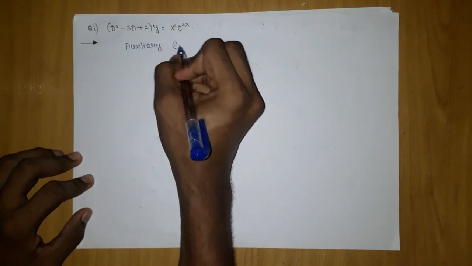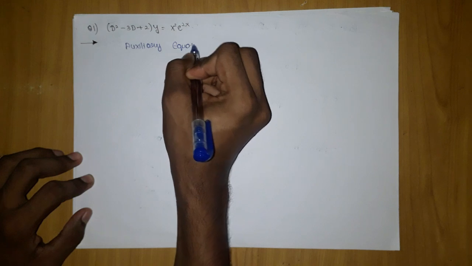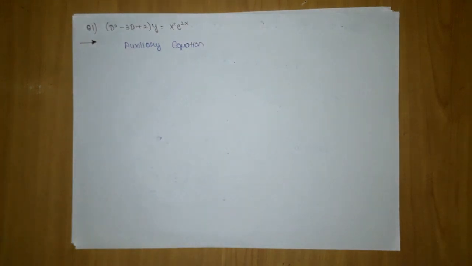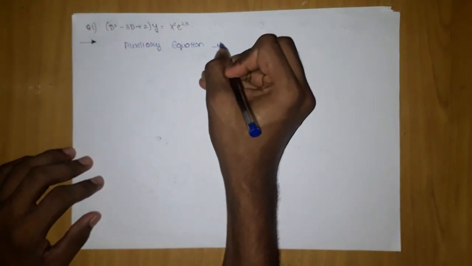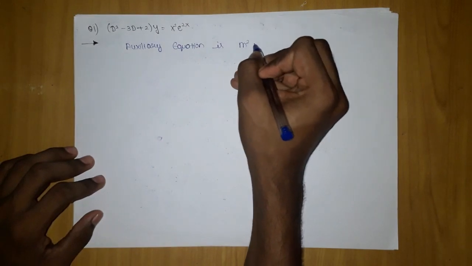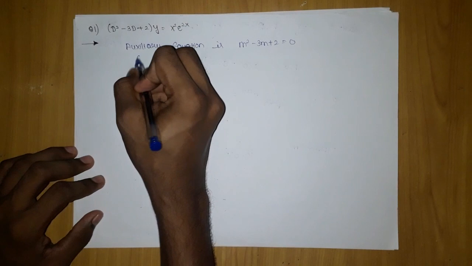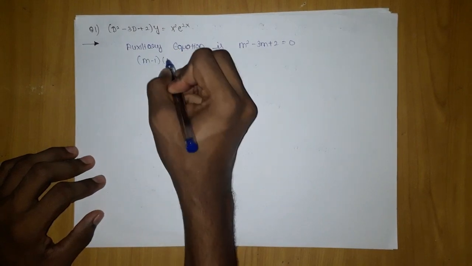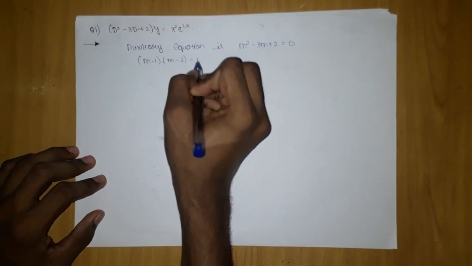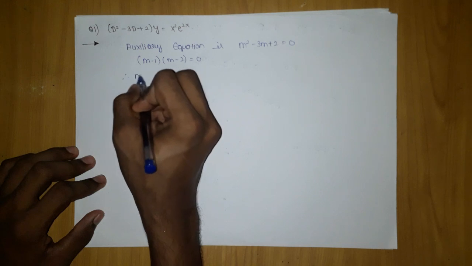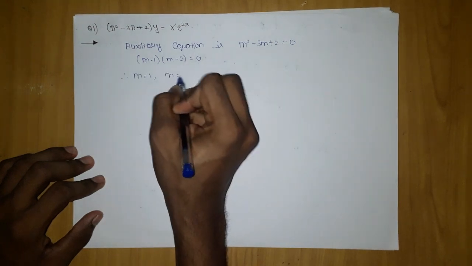Auxiliary equation is replace D by m: m^2 minus 3m plus 2 equal to 0. If you solve, you will get (m minus 1)(m minus 2) equal to 0. So you will get therefore m equals 1 and m equals 2.